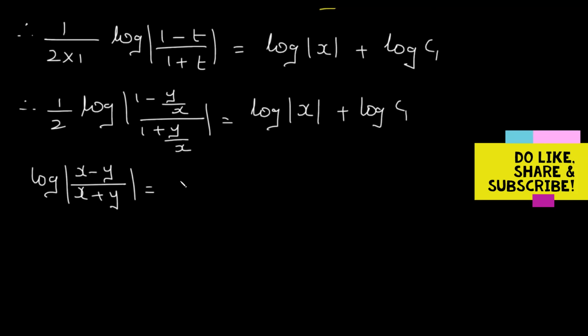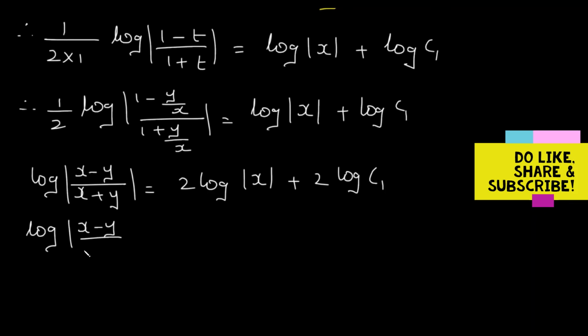Is equal to 2 log x plus 2 log c1. Then log of x minus y upon x plus y is equal to log x square, because obviously the 2 becomes a power, plus log c1 square.